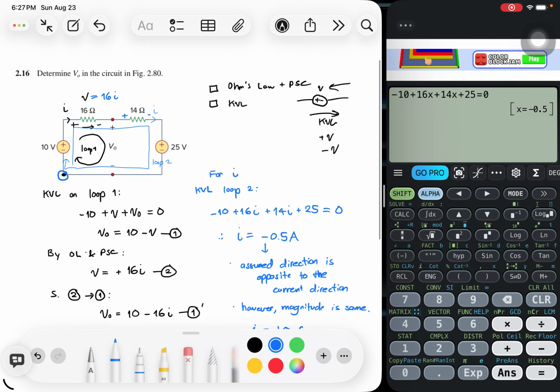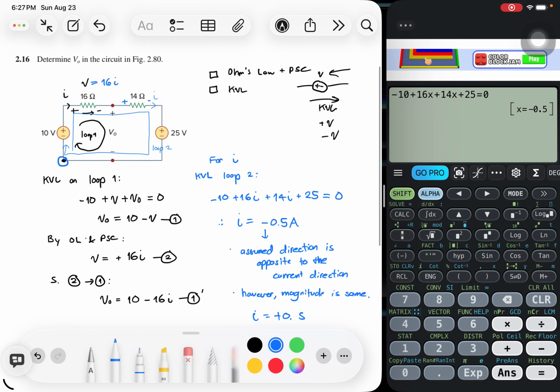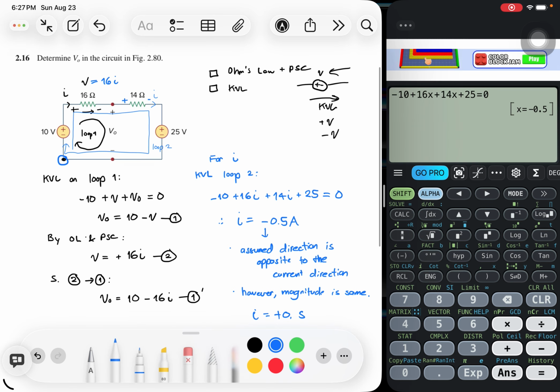No, you don't do that, because our analysis will be violated if you apply the positive sign on the current. You have to be consistent with your solution. So if you got negative 0.5 amperes for the current, then let it be. You can just apply this explanation that the assumed direction is opposite to the actual current direction, but you must remain consistent.